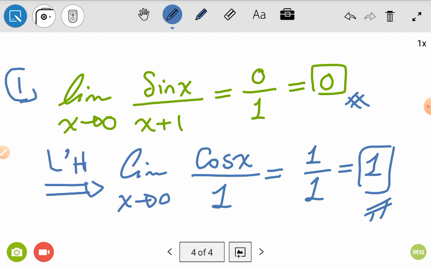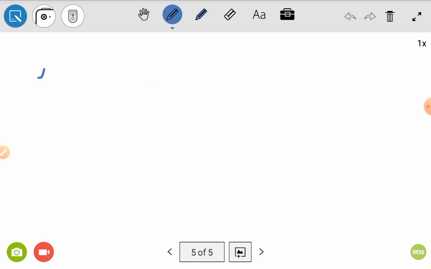Okay, and the second common mistake we should avoid. Although L'Hopital's rule involves a quotient f of x over g of x as well as derivatives, the quotient rule of differentiation we have studied in the first term is not involved.